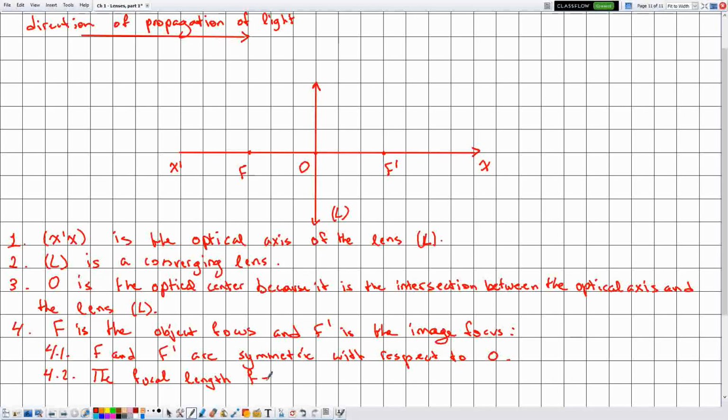The focal length is equal to OF prime bar, the distance from the optical center to the image focus.